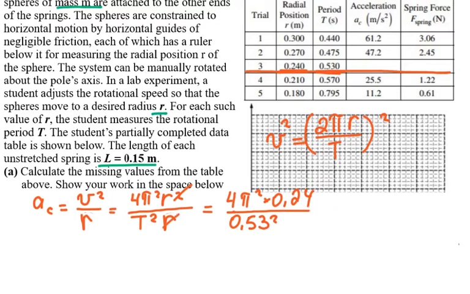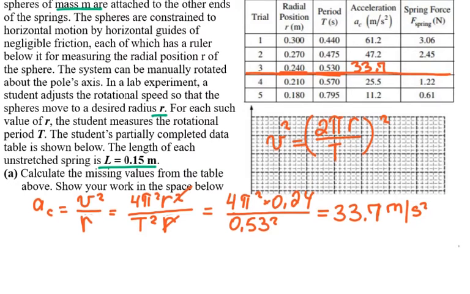So my final answer, if I calculate that, should be 33.7 meters per second squared.